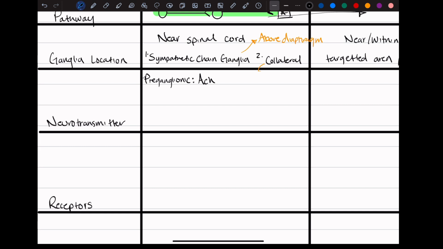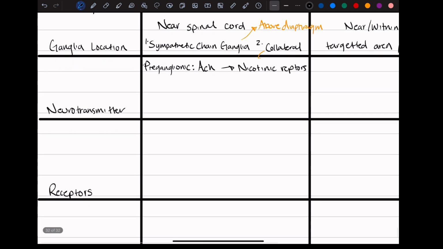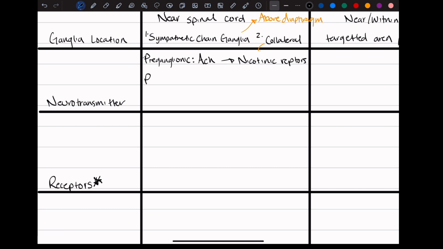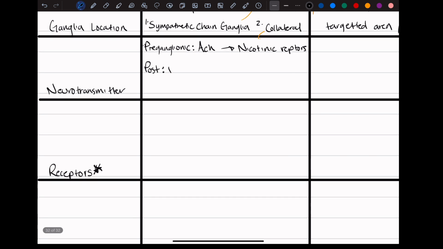And the receptors associated with that are going to be nicotinic receptors. We'll get to that down here, though. And then our postganglionic, we're going to be looking at norepinephrine and epinephrine. Also uses dopamine, but we don't focus on that in this class.